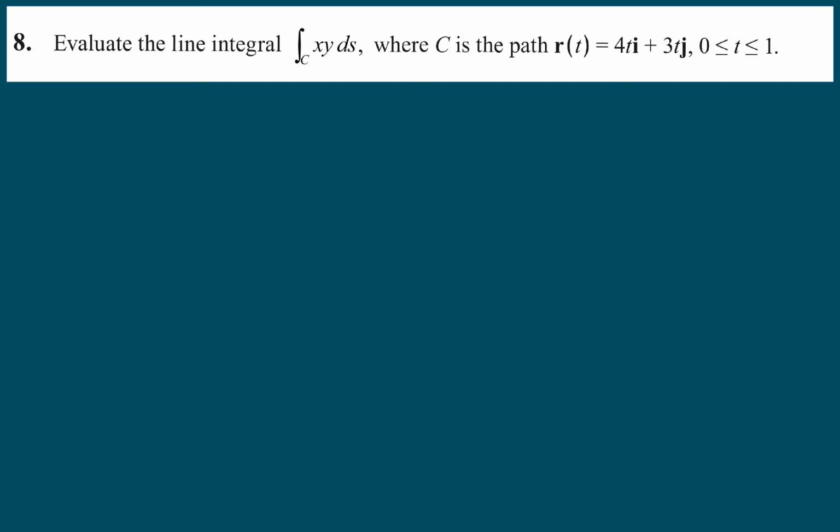The next problem says evaluate the line integral of x multiplied by y ds if the path is this path, r of t. Okay, let's do it. To do it, we have to recognize that the x of t of the curve is 4t, and the y of t of the curve is 3t.